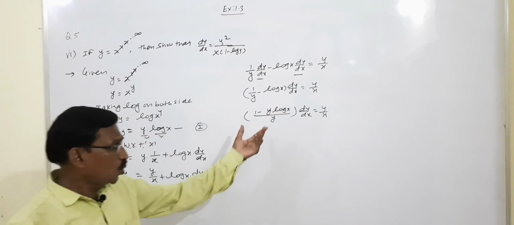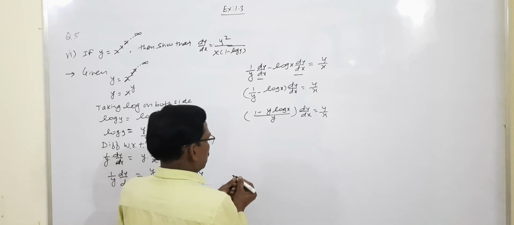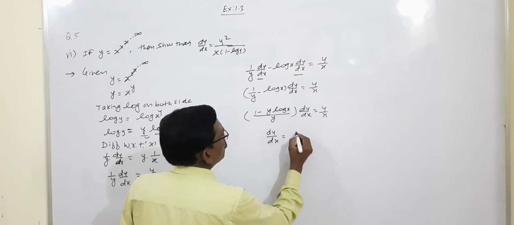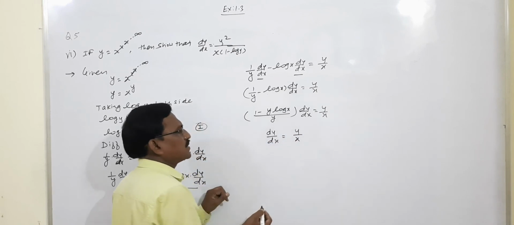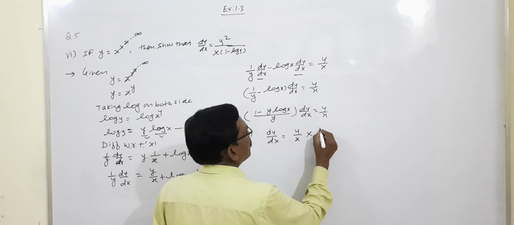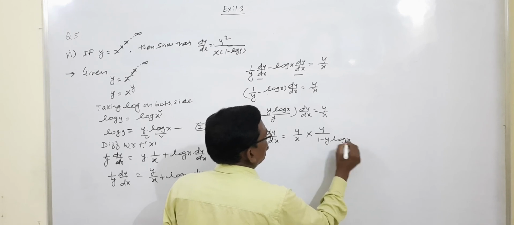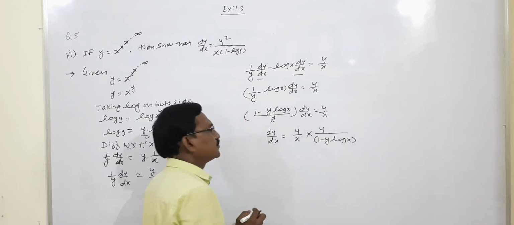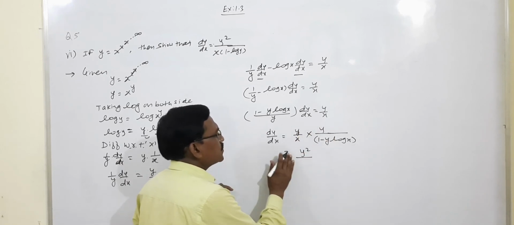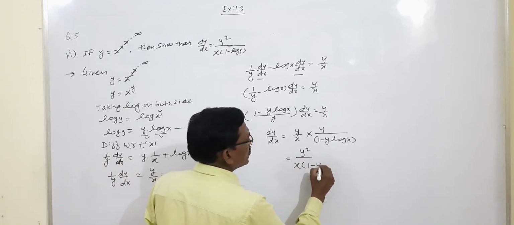Now we take the total bracket to the right hand side. Then it gives dy by dx is equal to y by x divided by, then we take its reciprocal, y by 1 minus y into log x, and then multiply y into y, it is y square upon x into 1 minus y log x.